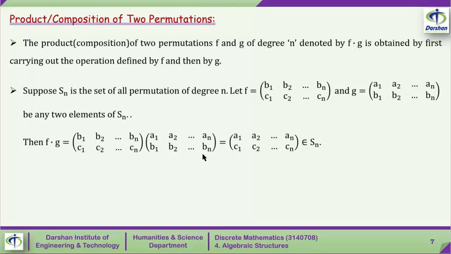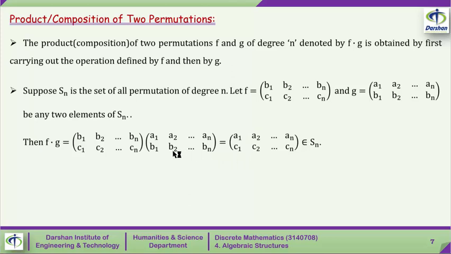Now we define f composition g. So first we write the elements of g, a1, a2 up to an. Now a1 goes to b1 in g. Now we show b1 goes to c1. So finally a1 goes to c1 via b1. So in composition we write a1 goes to c1.